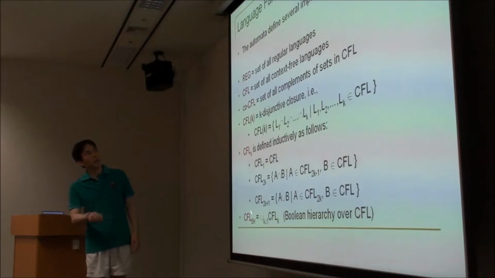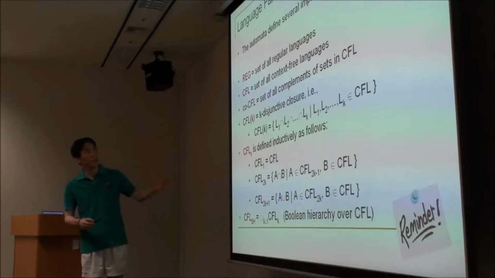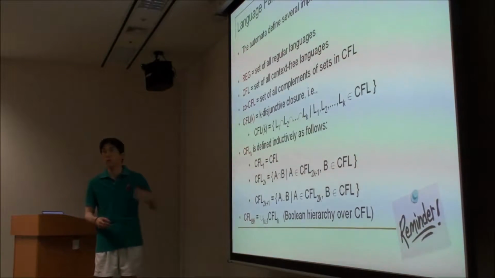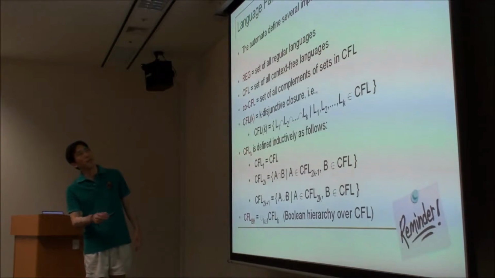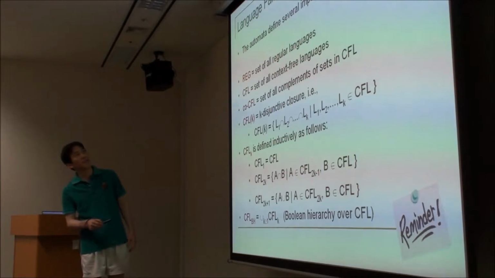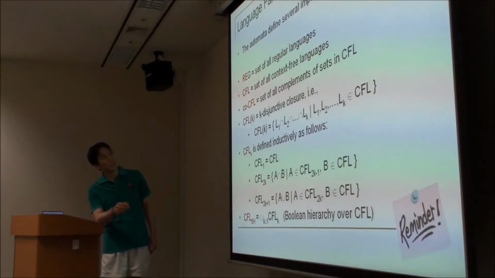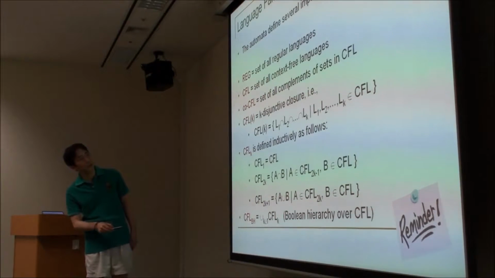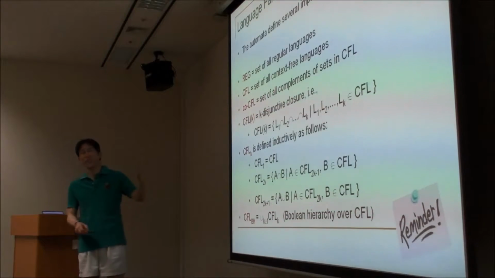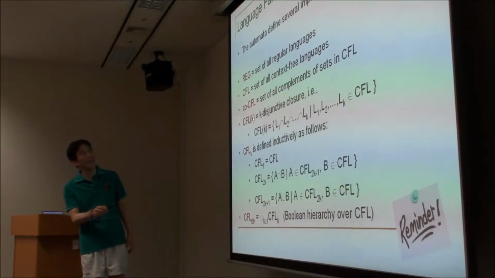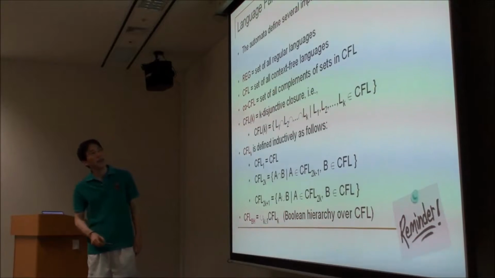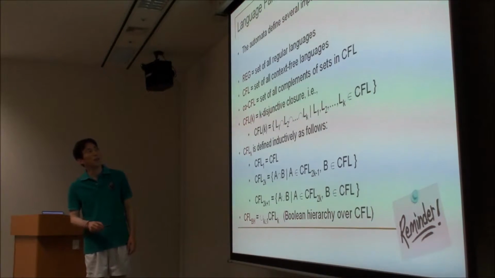Throughout this talk, I'm going to use the following language families or complexity classes. The first one is the regular languages, and the set of context-free languages. The complement of the context-free languages is written as co-CFL. The bracketed notation and subscript notation here are quite different. The bracket notation, CFL of K, stands for the K-disjunctive closure of CFL.